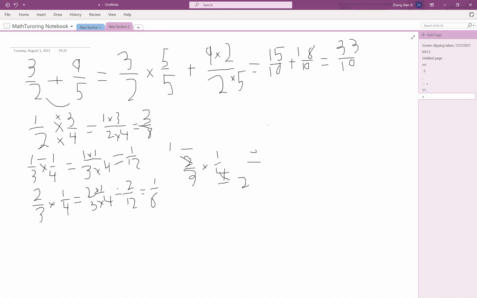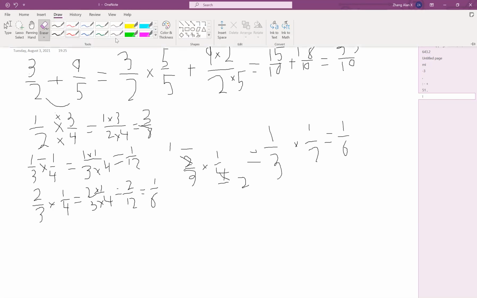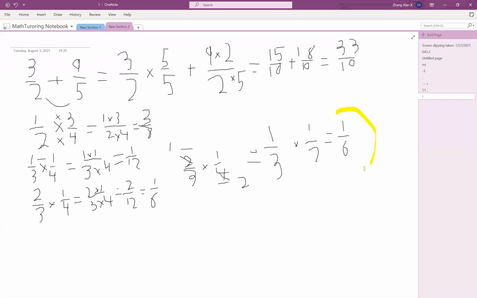And now it's just 1/3 because we simplified, times 1/2. Now that just equals 1/6. Now we don't have to simplify. That was a pretty bad circle. Probably should redo it. 1/6. There we go. Okay.